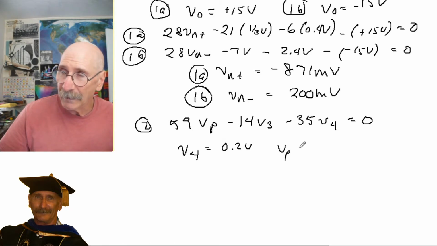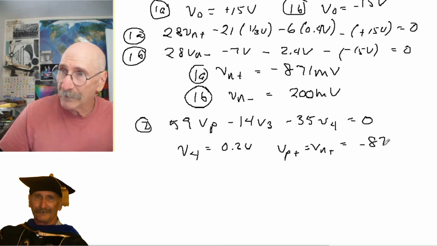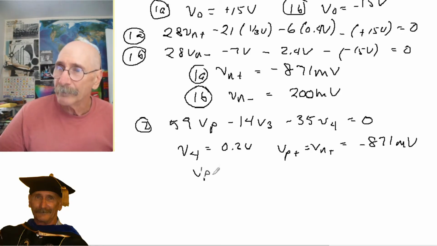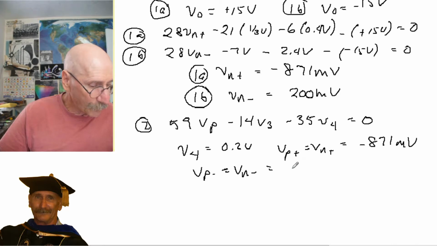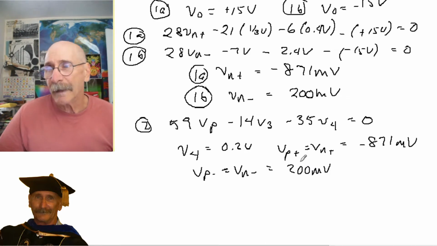V sub p plus equals V sub n plus, which is equal to minus 871 millivolts. And V sub p minus is equal to V sub n minus, which is equal to 200 millivolts. Now this is balanced, even at the limits of this device. Once it becomes unbalanced, then these equations are no longer true.